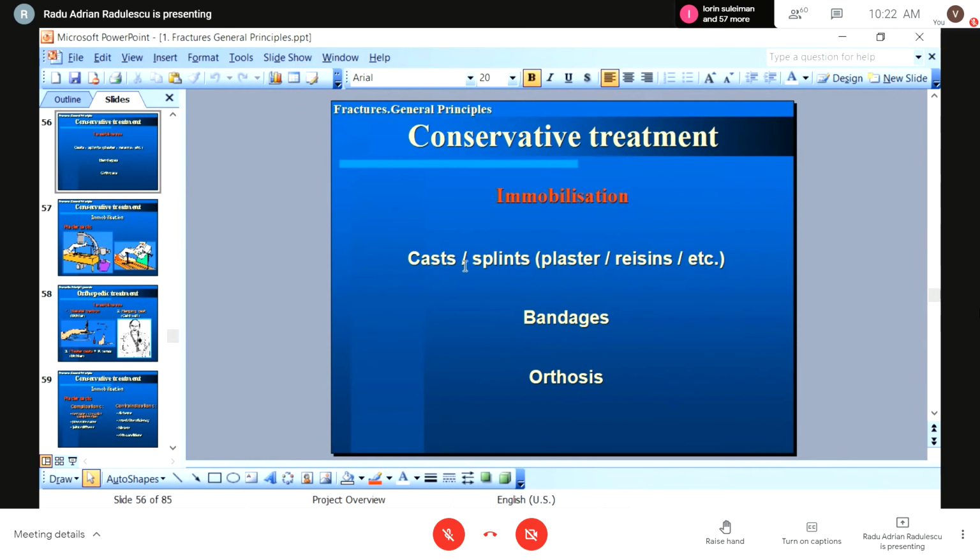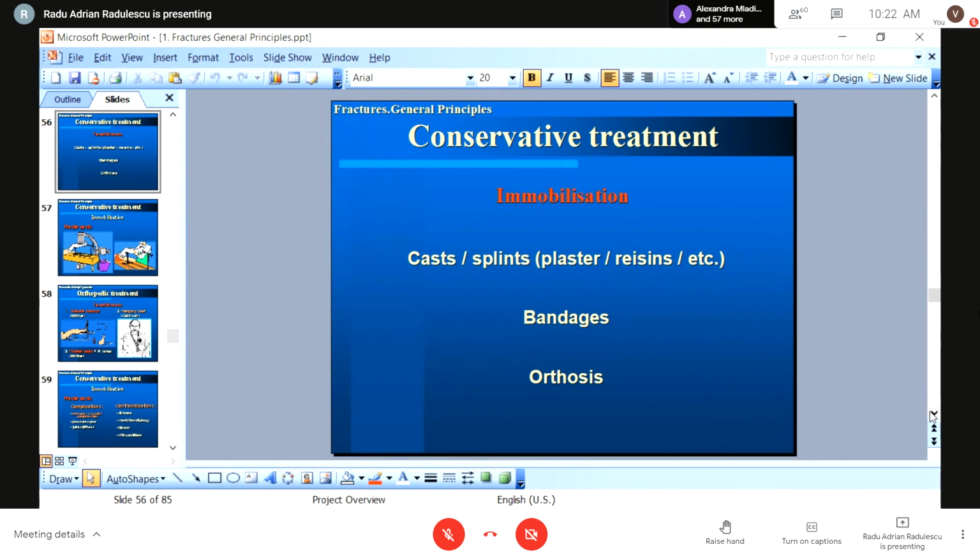Different types of casts will also be explained by our assistant during the practical demonstration. So they are peculiar for the two limbs or for the segments of the two limbs. So we don't describe them now.